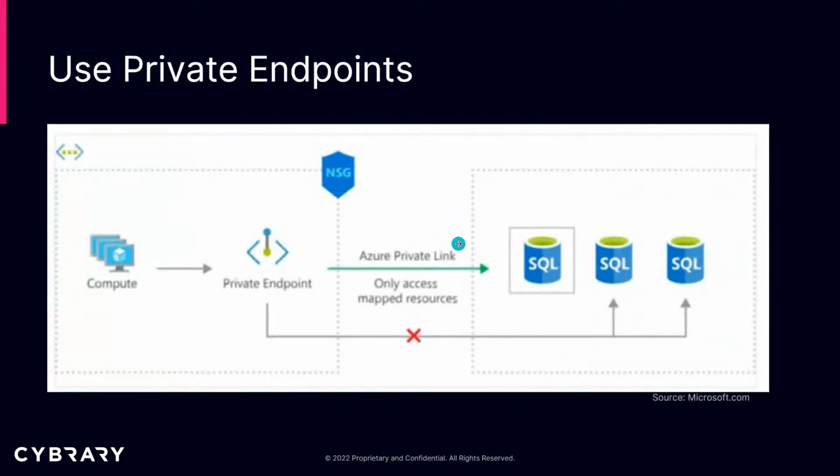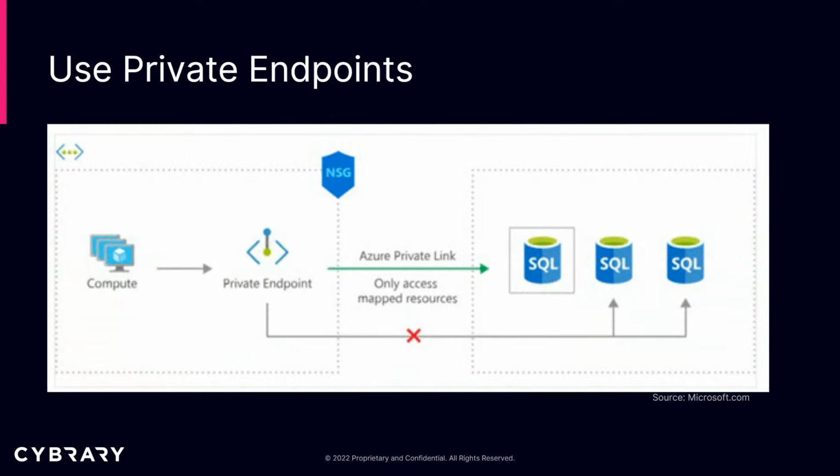You can also restrict your access using private endpoints. A private endpoint is a special network interface for Azure service in your virtual network. When you create a private endpoint for your storage account, it provides a secure connectivity between your clients on your VNet and your storage.